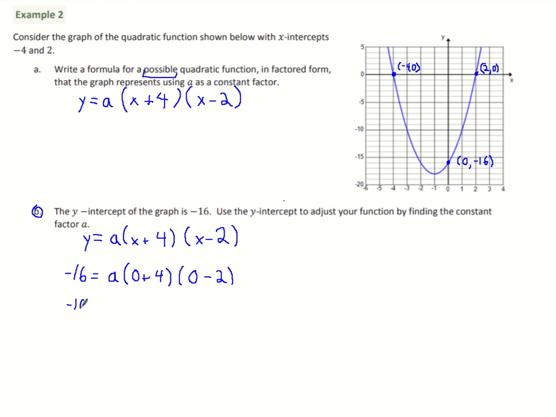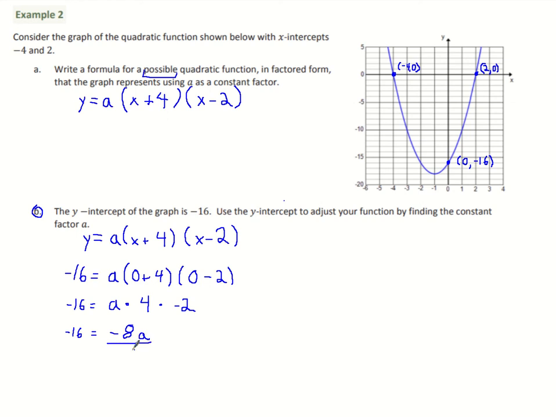So I've got negative 16 over here is equal to, a is going to stay as it's a, times 0 plus 4 is 4, times 0 minus 2 is negative 2. Negative 16, therefore, is going to be equal to negative 8 times a.